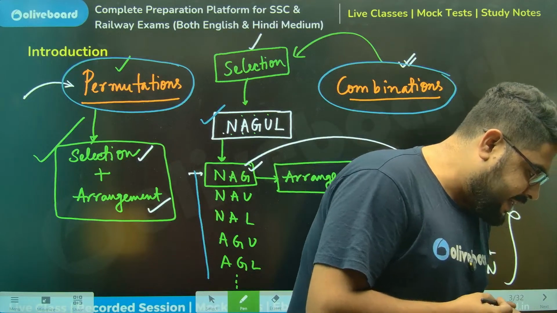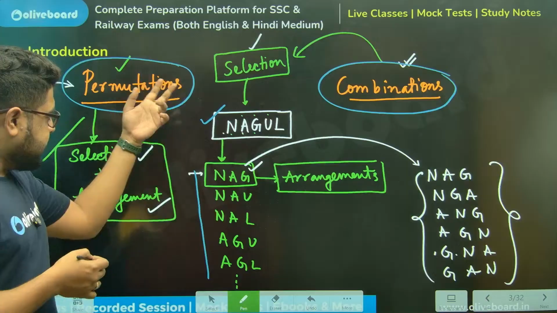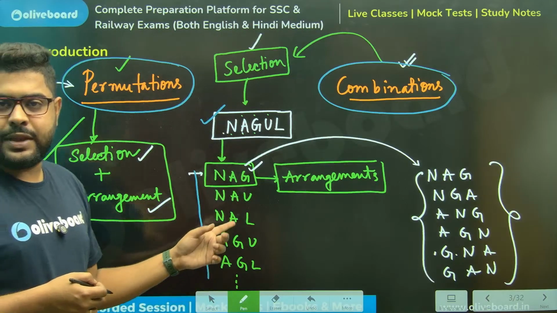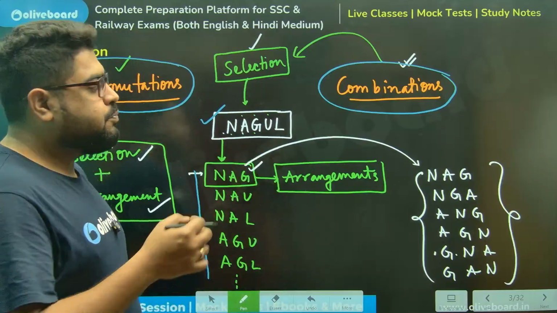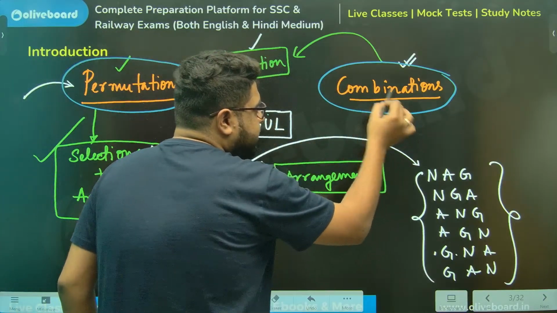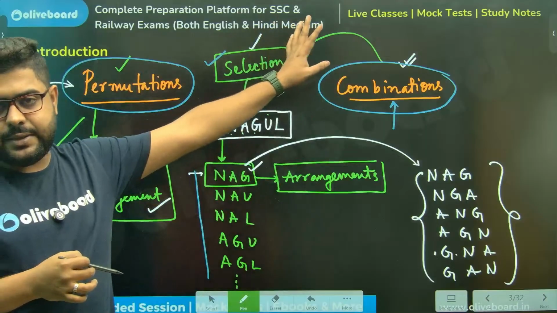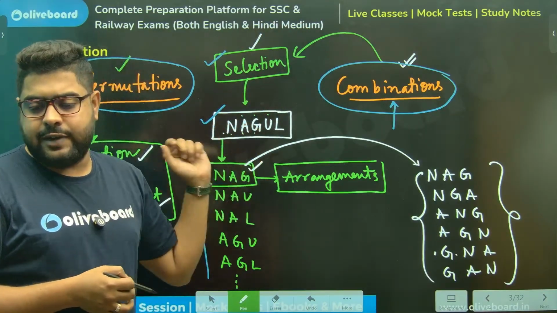Yes, absolutely, brother. This is the way I can arrange. I can, sorry, select. So this selection is nothing but your number of combinations, or this is called combination. I'm selecting three letters out of five letters.